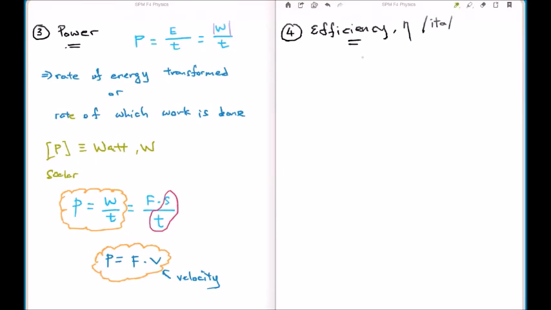So what's efficiency? Efficiency compares the useful output energy to the input energy.